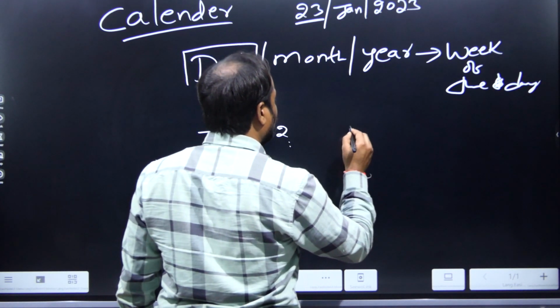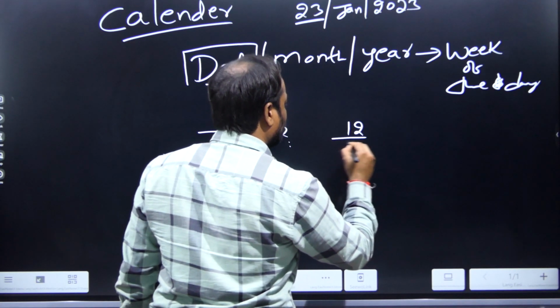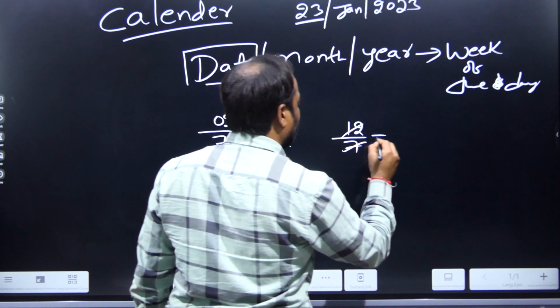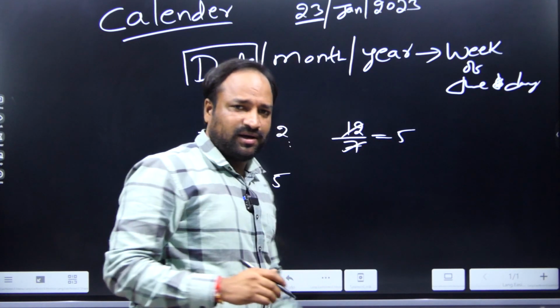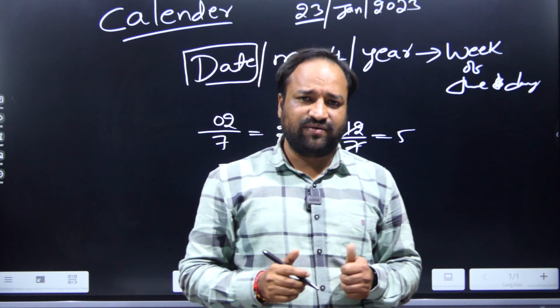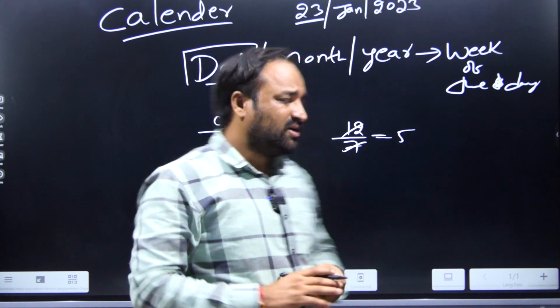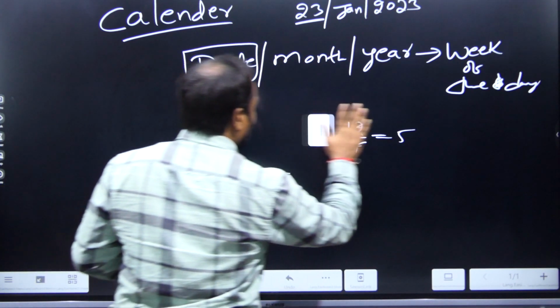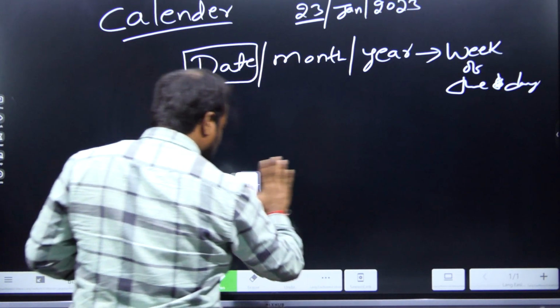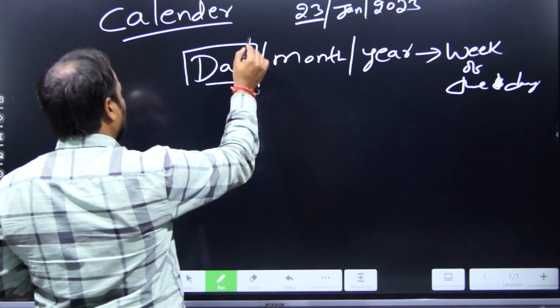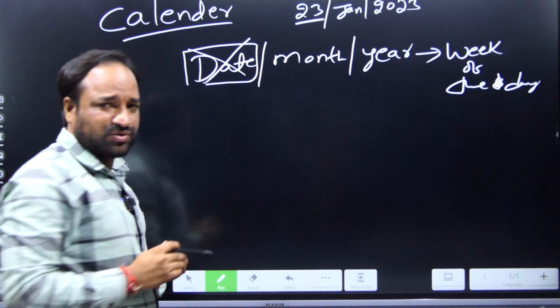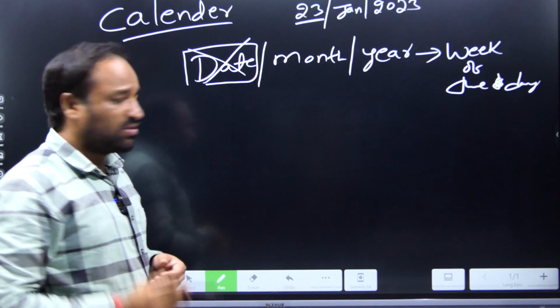If the date is 12, divided by 7 the remainder is 5. In our date, we have to consider only the remainder. The date concept is closed.